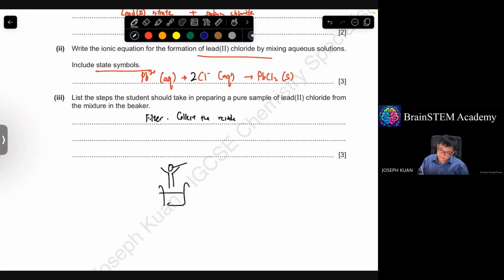Of course, before you collect the residue, you have to wash with distilled water, because it might be stained with other soluble salts. Wash the residue with distilled water, and then dry the residue by using filter paper. That's how you get the precipitate.